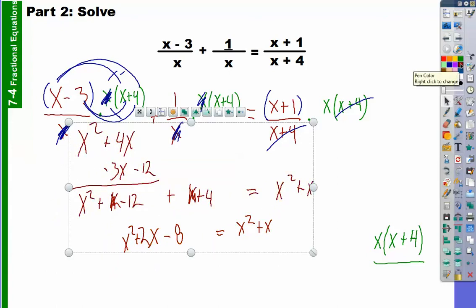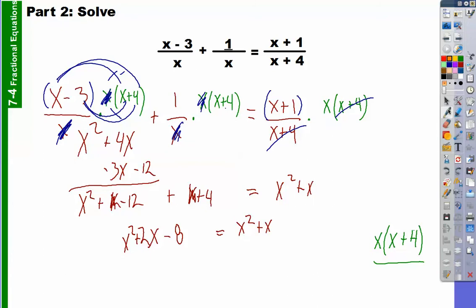So you suggested to subtract x. So let's subtract x from both sides. So I end up with x squared, 2x minus x is x, plus x minus 8.